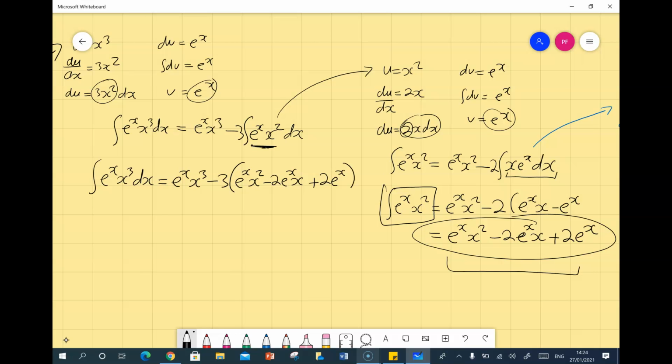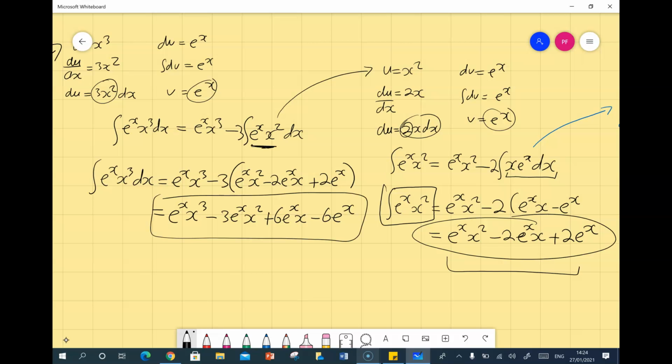I hope I don't make any sign mistakes here. So e to the power of x, x cubed, minus 3e to the power of x, x squared, plus 6e to the power of x times x, minus, oh crikey, pen stopped working, minus 6e to the power of x. Whew.